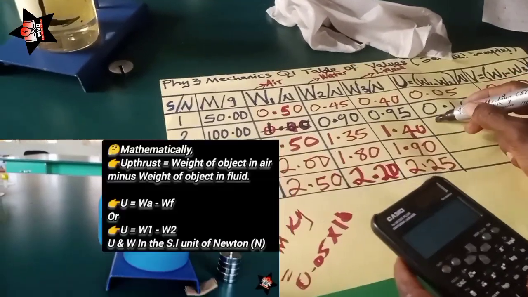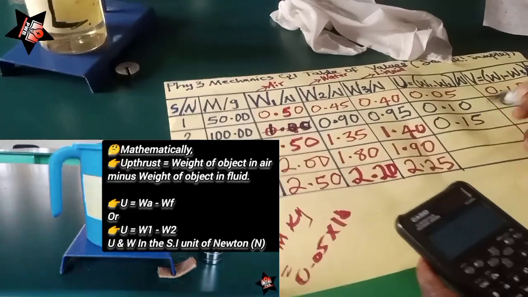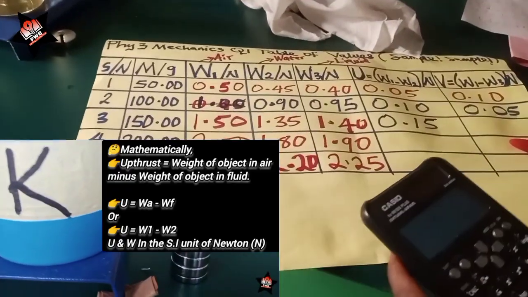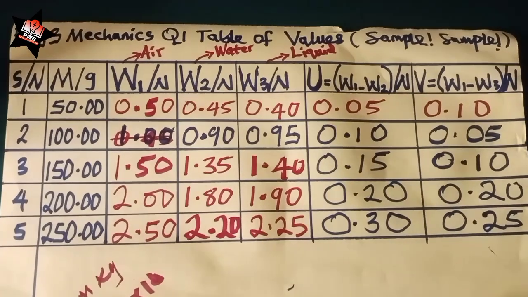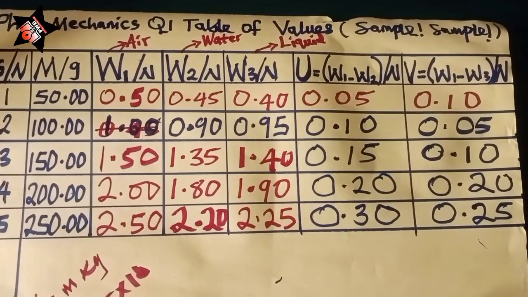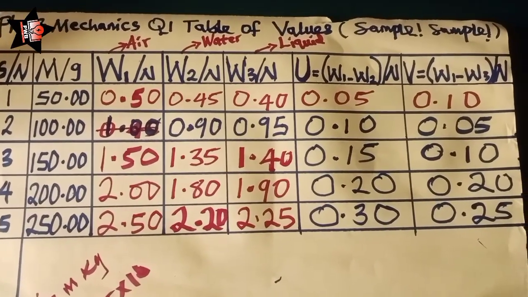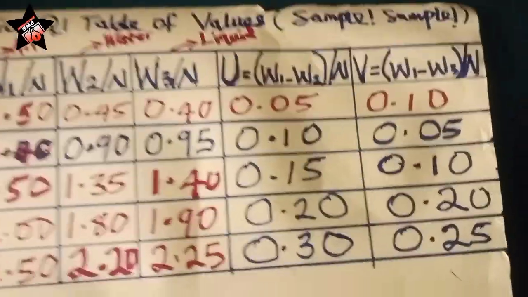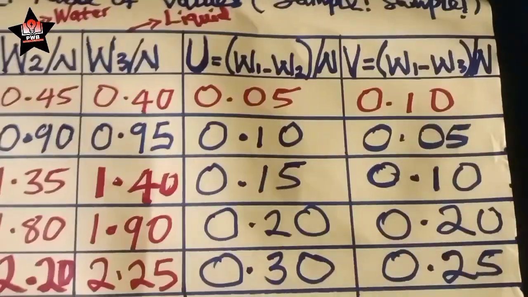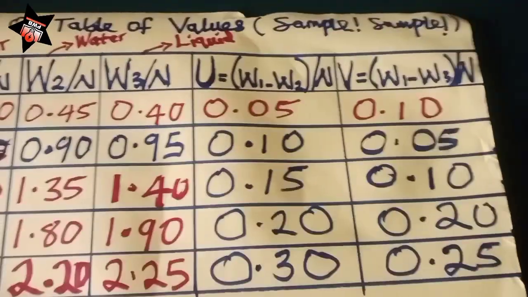So I'm going to use this little setup here to explain. We are done with the experiment, and if you observe the U and the V values, you observe an increase trend.